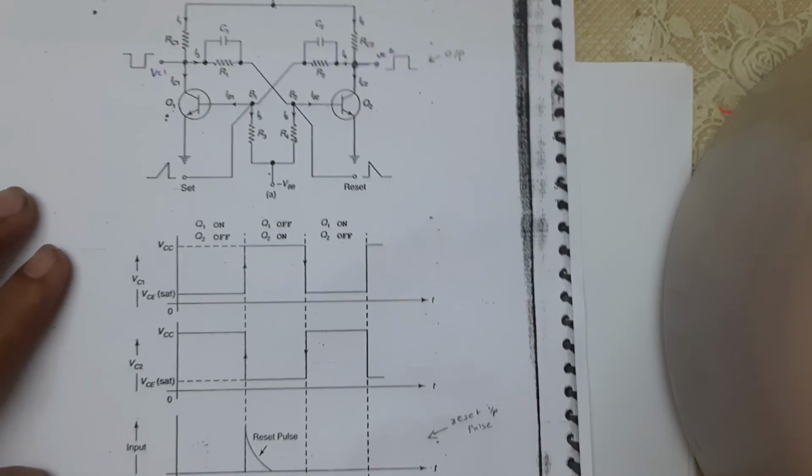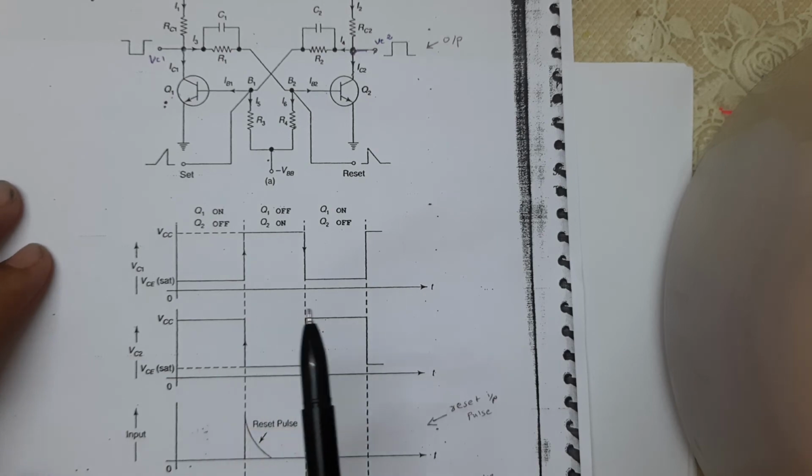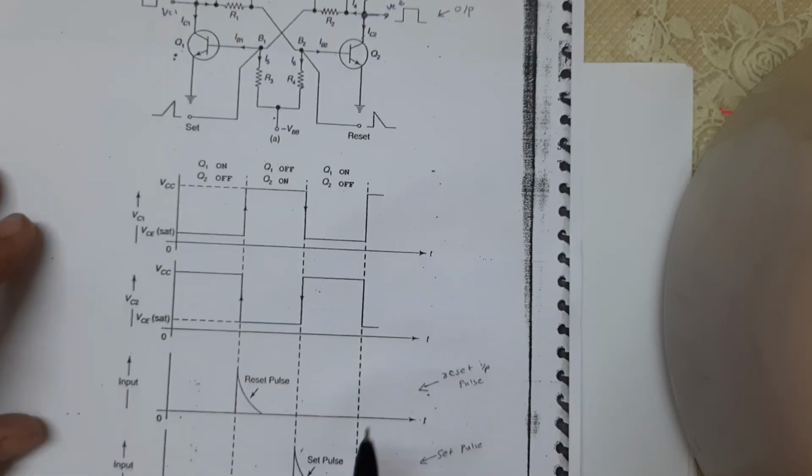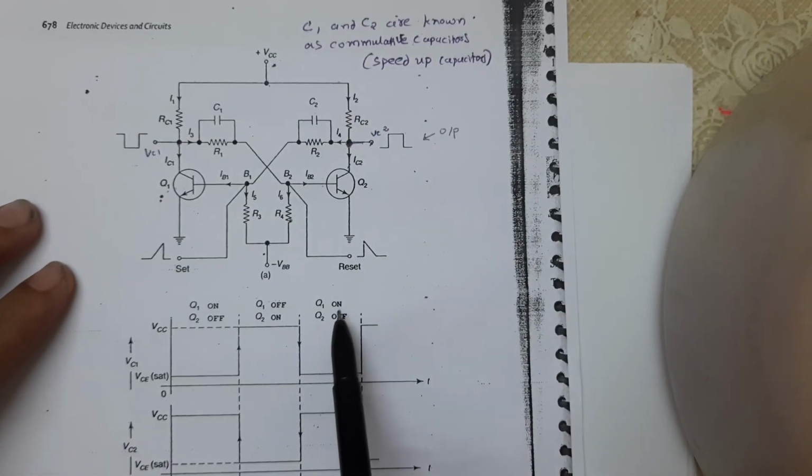Again, when we apply the set pulse, that means going from the second stable state back to the original first stable state, at that time Q1 is on and Q2 is off.